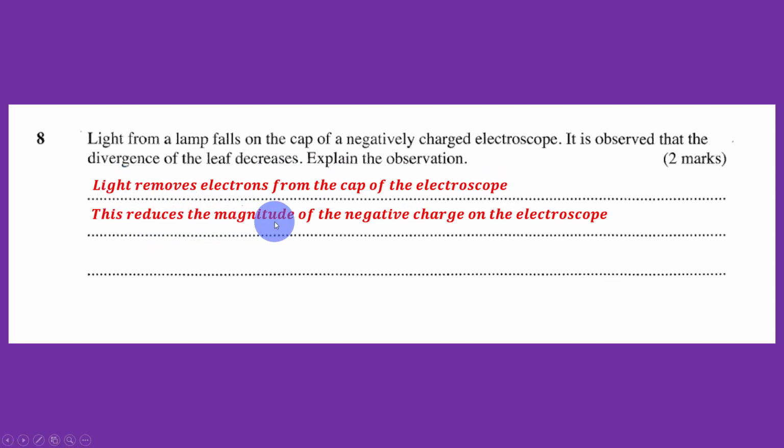This of course reduces the magnitude of the negative charge on the electroscope, and that is why, for the negatively charged electroscope, it is observed that the divergence of the leaf decreases. Yes, it is because of the removal of electrons from that negatively charged electroscope, and once that concentration of electrons on the electroscope cap is reduced, it will result in less repulsion between the leaf and the rod, and that is why the leaf collapses.